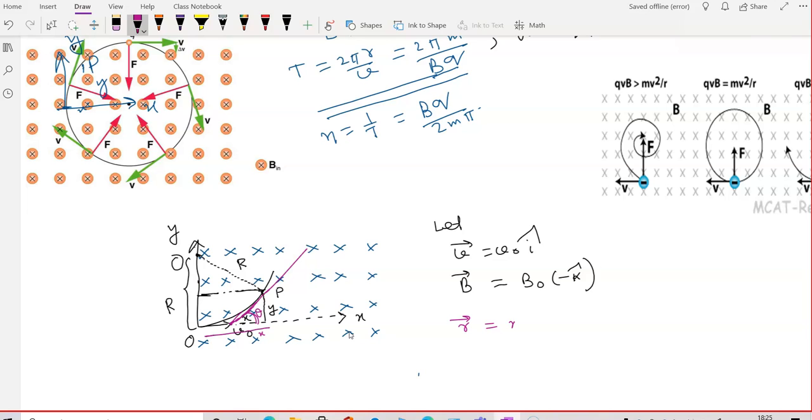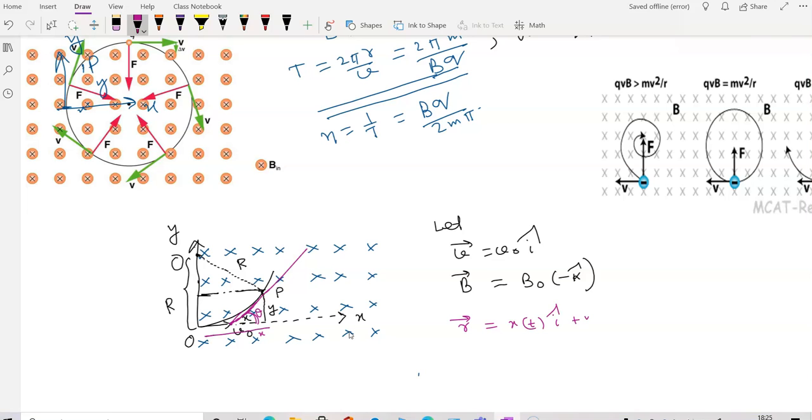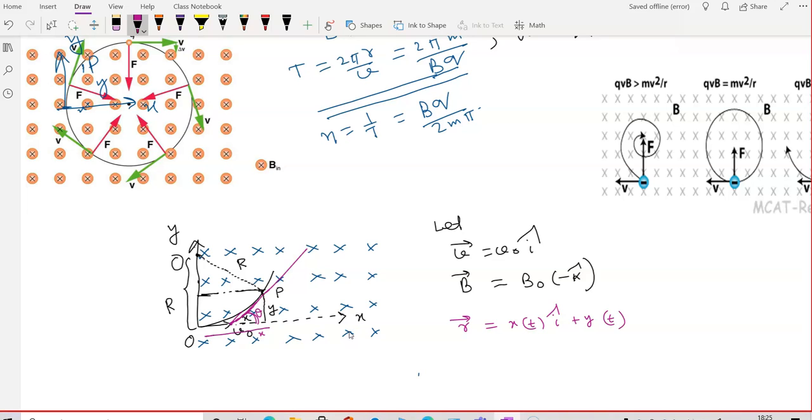You need to find both x and y so that you can write r = x(t) i + y(t) j. This we can find. x(t) is going to be what? Along x-axis, the factor V0, this x means this is also x in the diagram.